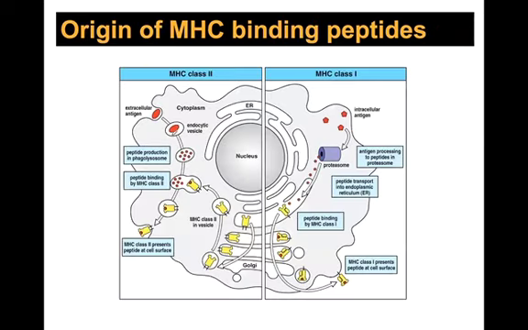So if we sort of break down these two pathways, we have the MHC class 1 and MHC class 2 pathways. And so if we start with the MHC class 2, you have an antigen presenting cell taking up some extracellular antigen. This could be a whole bacteria or a whole virus. It could be parts of the bacteria or virus, or fungi for that matter.